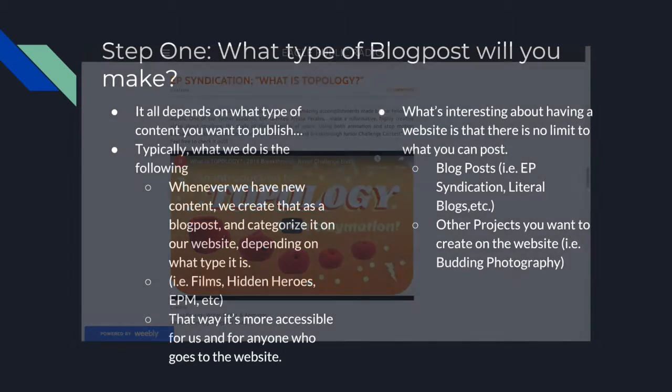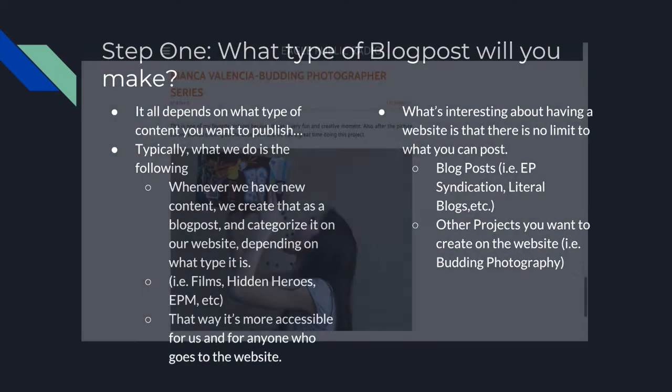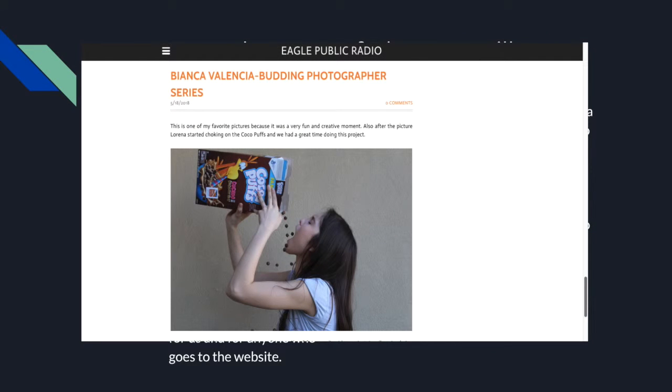Another example is other projects you want to create on the website. I noticed that advanced students last year, including Lorena, who is our practicum student now, made this thing called budding photography. I really like that. Basically her and, I believe, Bianca Valencia, a former AV student, gathered a bunch of pictures, told a story, and wrote a lot of captions.